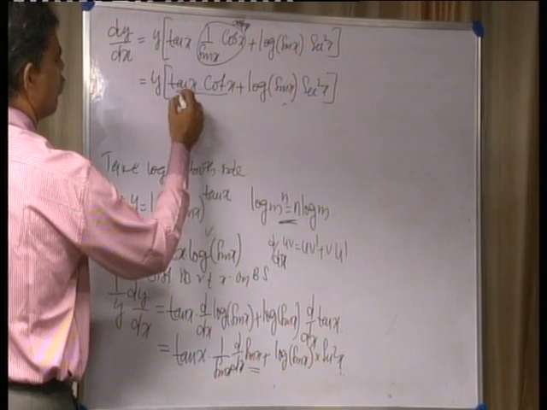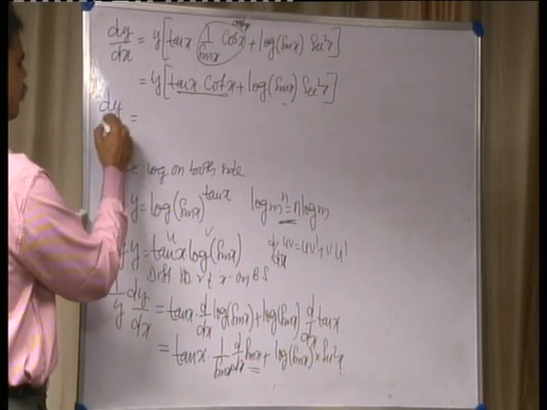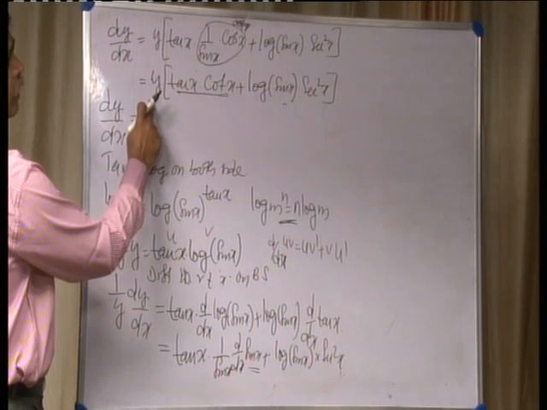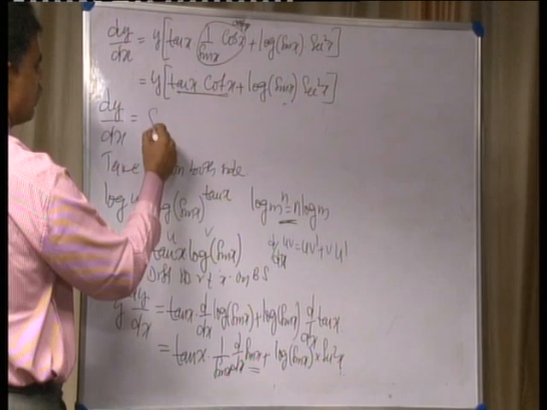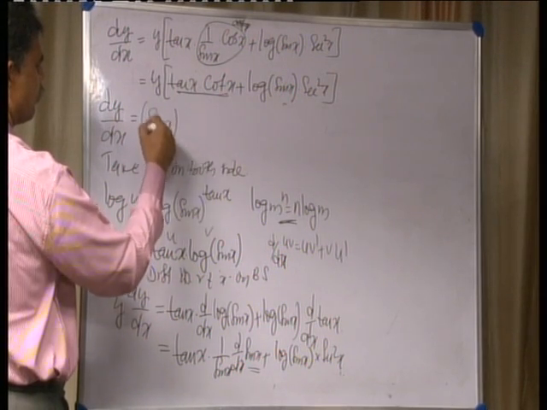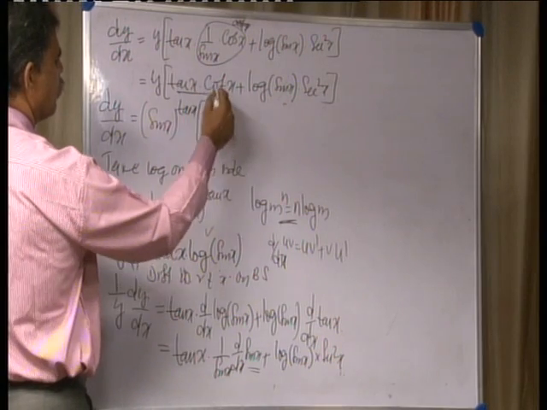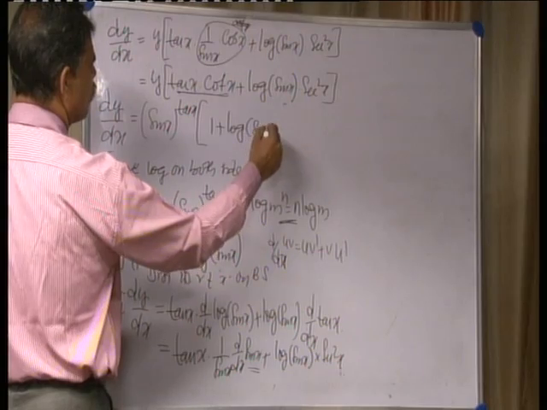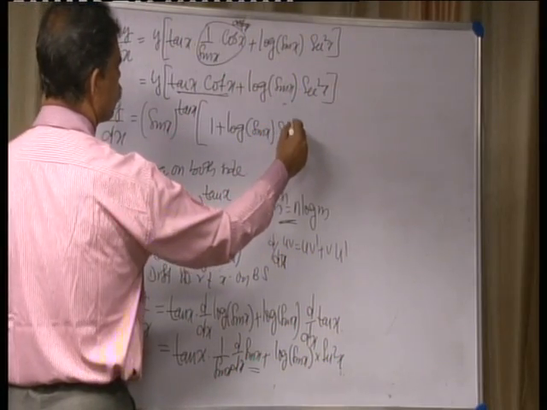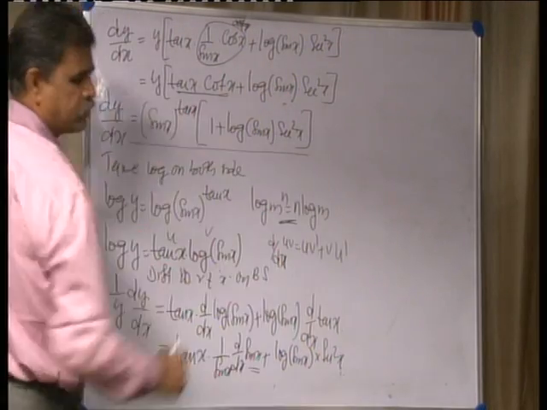Their product is what? Tan into cot is equal to 1, hence dy by dx reduces to what is y? Y can be replaced as sin x to the power of tan x, correct, it is given into tan into cot is 1 plus log of sin x into secant square x. This is the answer for the question.